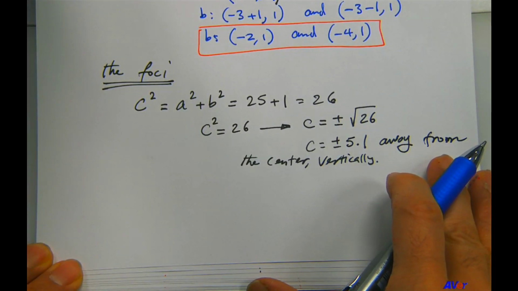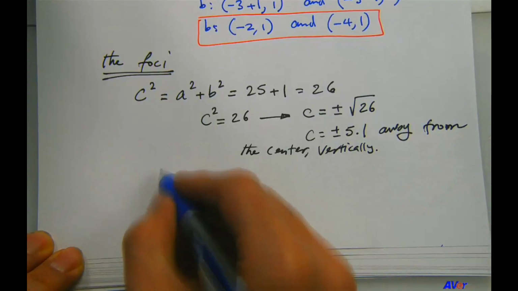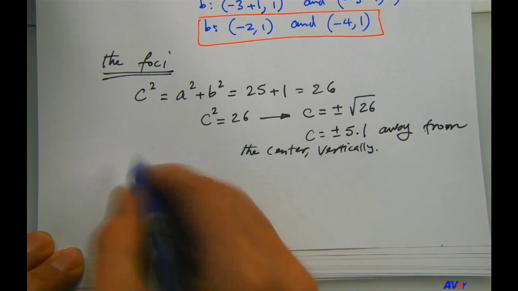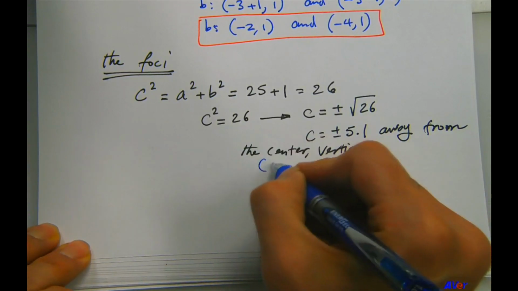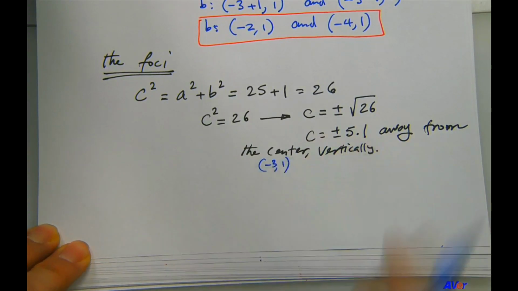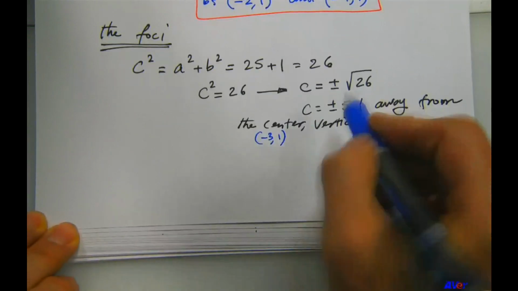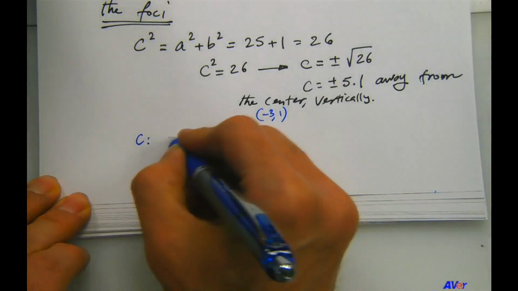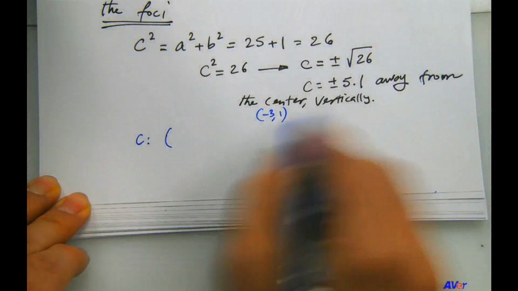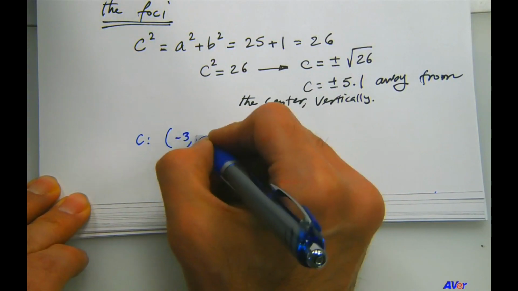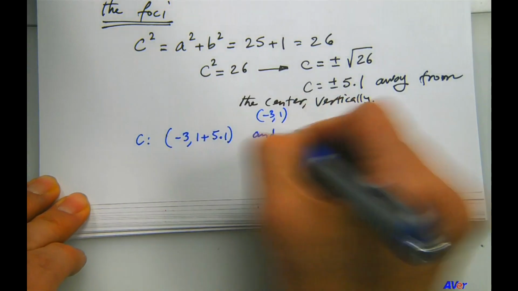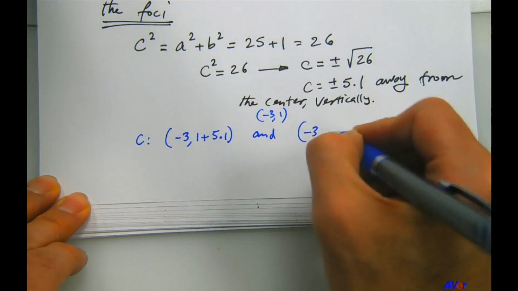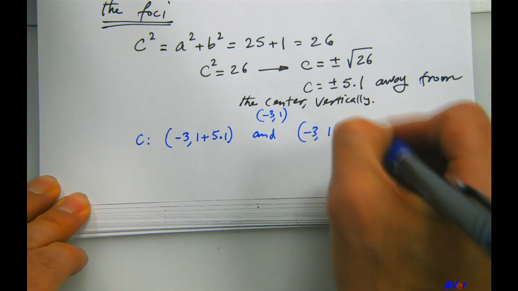The center is -3, 1, right? So let's find the location of the focal points. So c are -3, 1 plus 5.1, and -3, 1 minus 5.1.